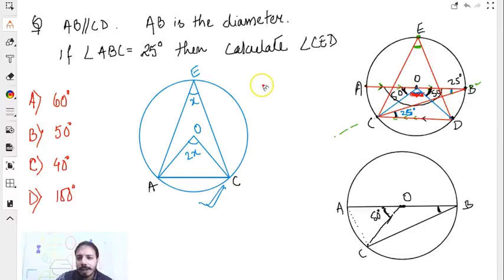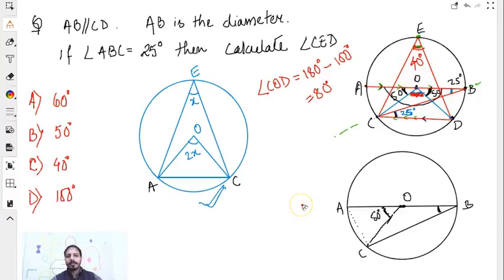So I got angle COD is 180 minus 100, because this is a straight line. So that is nothing but 80 degree. And if this angle is 80, what is this angle? This angle is 40 degree, right? So from here I can say this is 40 degree.